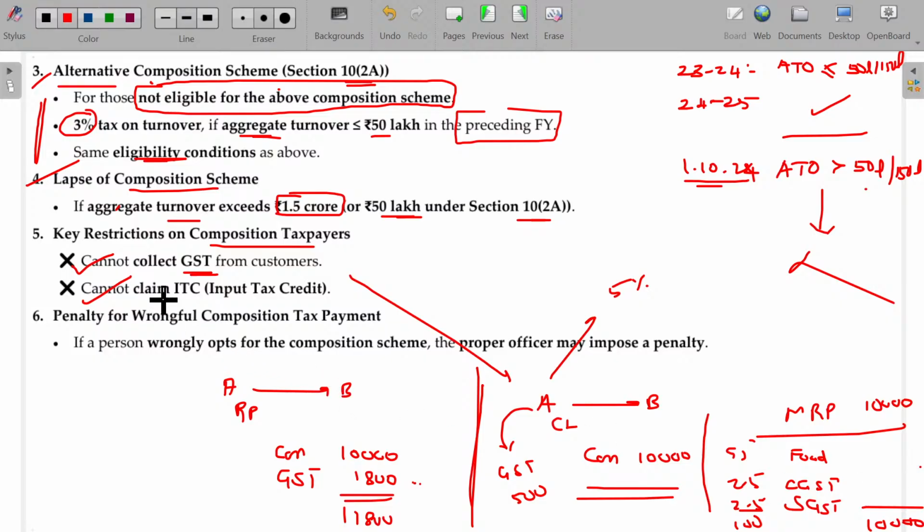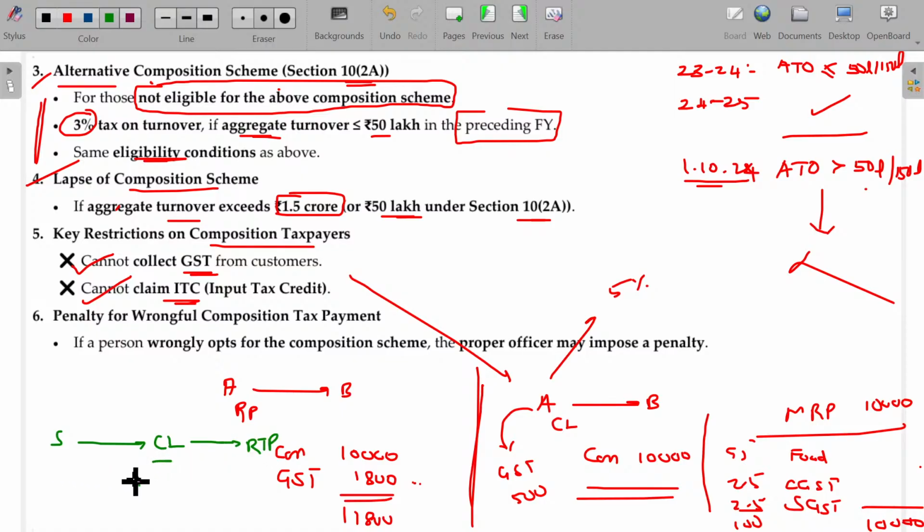Cannot claim ITC also. You cannot claim the ITC as you are not able to collect the GST. And the person who purchases from you is also not eligible for the ITC. So what happens here? Supplier, recipient. This is the composition levy and this is the regular taxpayer.